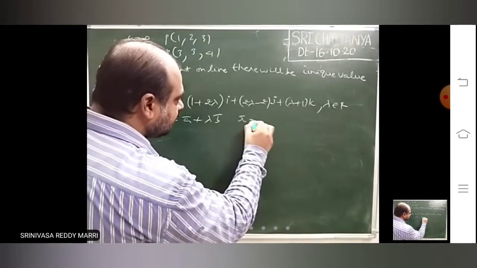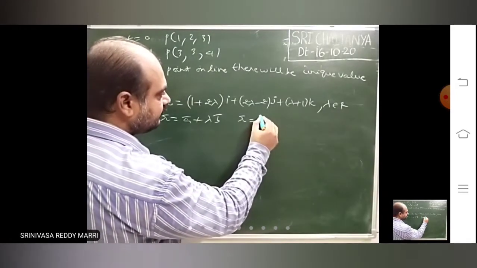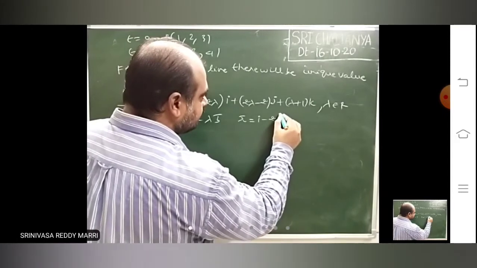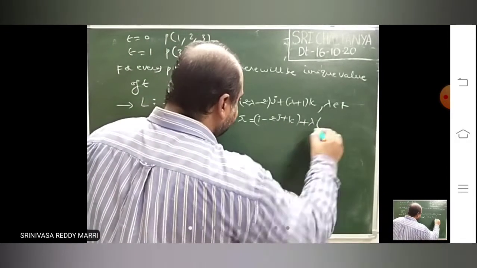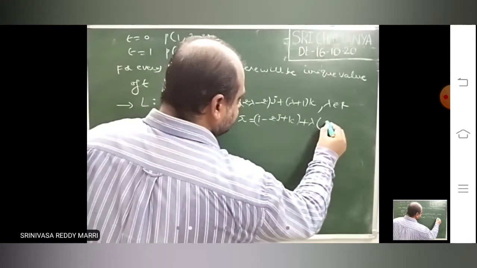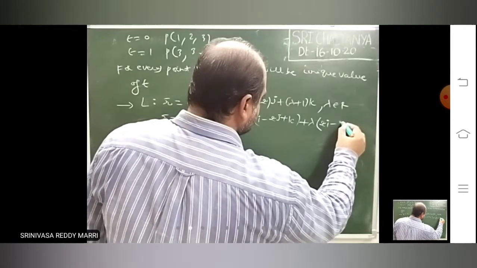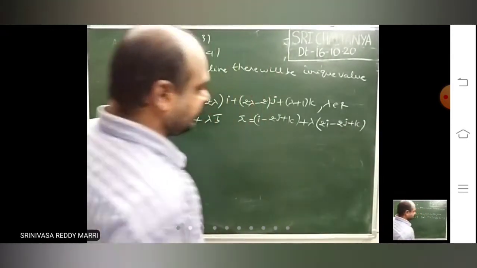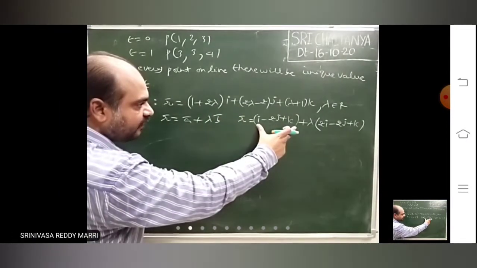That means R bar equals, without lambda terms, you write here I minus 2j plus k, plus lambda into (2i minus 2j plus k). If the line is given in the other form, you have to convert to this form.